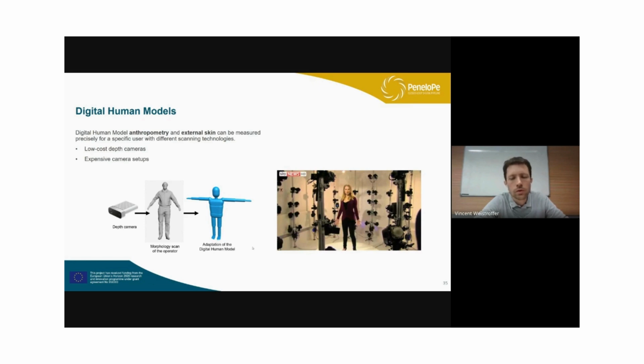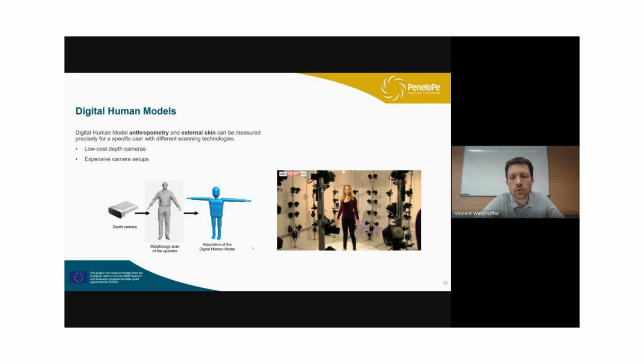This is low-cost technology, and if you need a really precise study for a specific user, then you can also use expensive camera setups, as you see on the picture on the right side. This kind of setup can use hundreds of cameras. It can be 2D cameras, it can be 3D cameras. It can use 20 to 100 cameras.